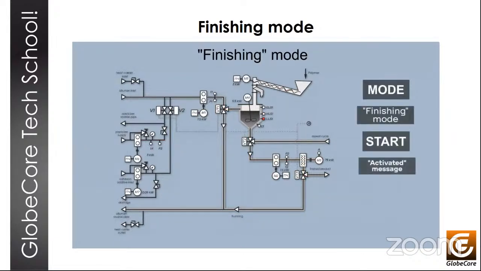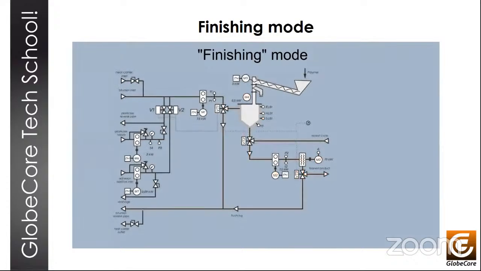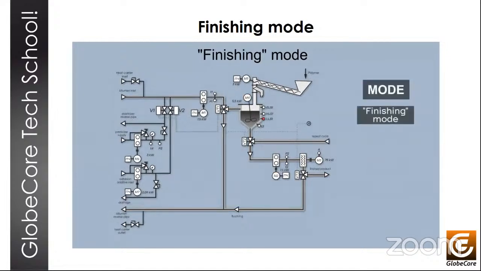Right. So this here is the finishing mode. This mode is used if the plant was stopped for some reason during the process, and if it's necessary to remove and pump out the bitumen that is in the mixer now. So after selecting the finishing mode using the mode button, the operator just presses the start button. We have the activated message on the controller screen.